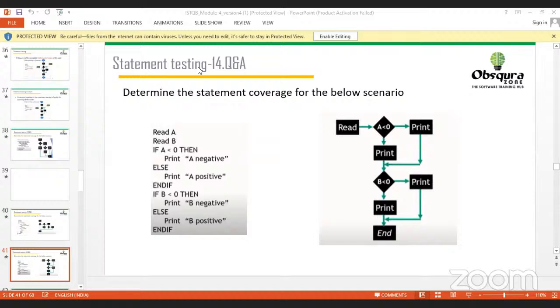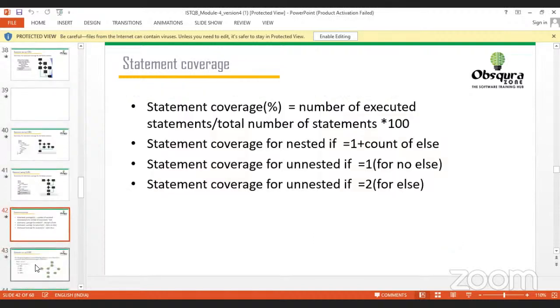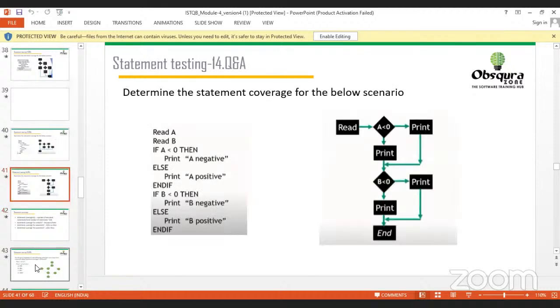Okay, thank you. Now, the shortcut. In the examination, sometimes the flowchart will be given like this, or sometimes the algorithm will be given. Mostly the algorithm will be given. From the algorithm, you have to draw this flowchart and find out the number of nodes covered.